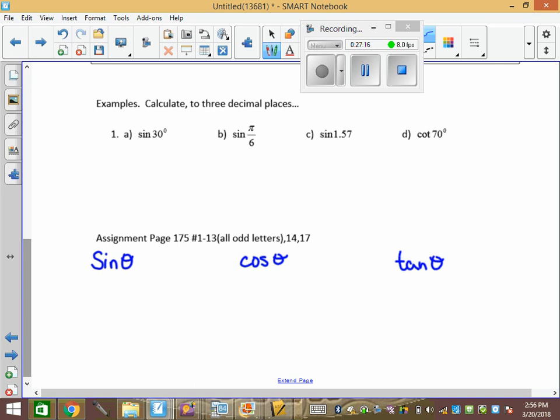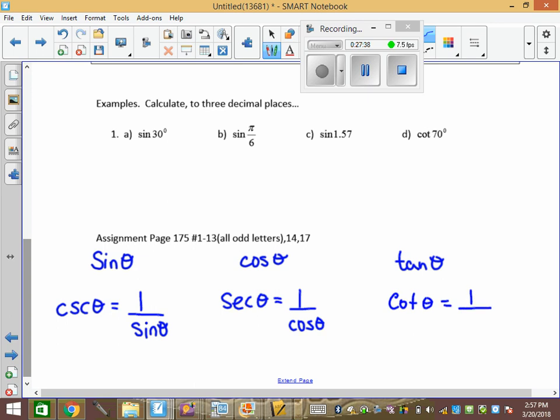Another one is cosecant theta. Cosecant theta is 1 over sine. It's just like the flip of sine. Secant theta is 1 over cos. And cotan theta is 1 over tan.